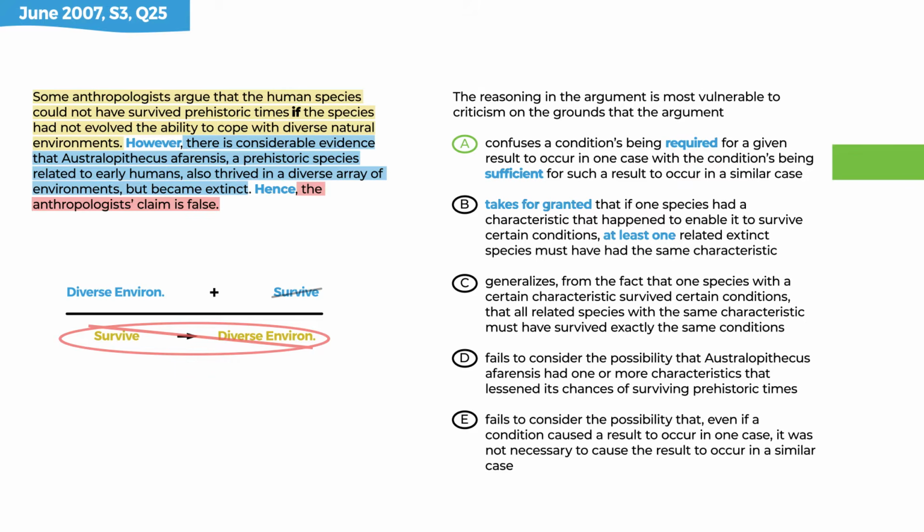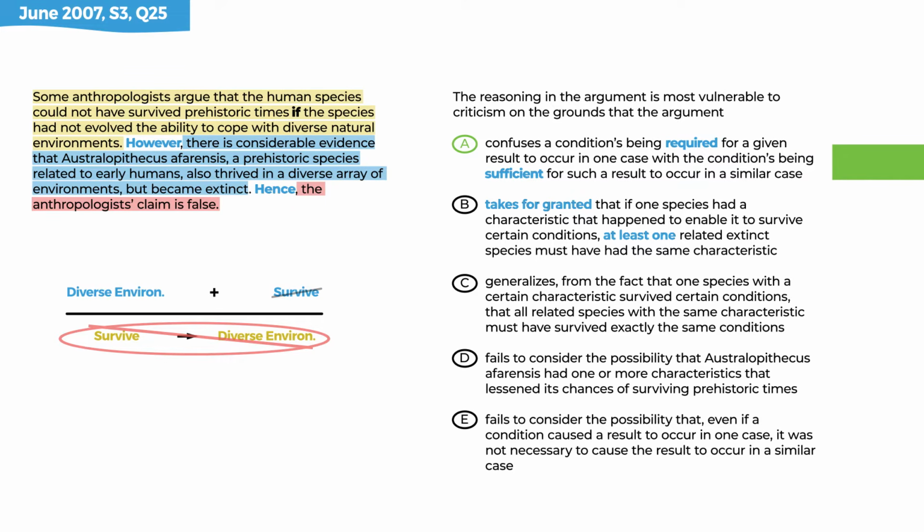The word enables in the first part of answer choice B suggests that coping with diverse environments is a sufficient condition when the anthropologists are actually claiming that it's a necessary condition. And then in the second half of answer choice B, it's talking about a related extinct species must have had the same characteristic. What is that characteristic? Coping with diverse environments.